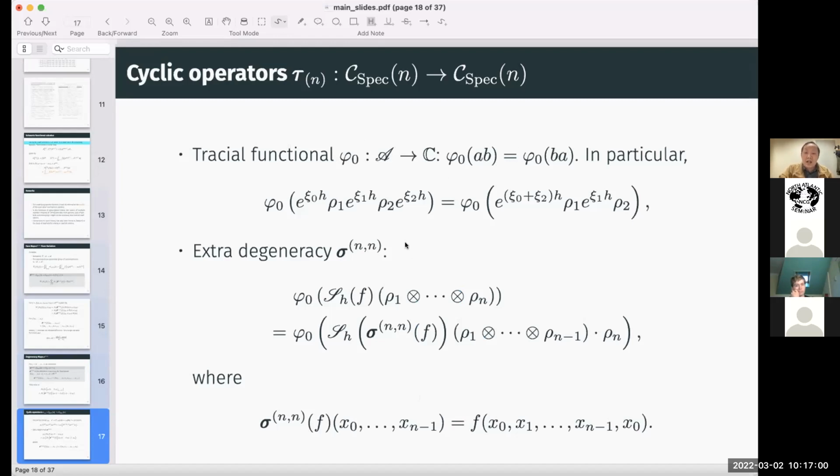The tracial functional allows somehow, so you take the multiplication like this, right? It allows to move this to some factor in the very front. Now with this tracial integration of phi 0, look at what's inside. Without phi 0 there is not much to be done, right? You cannot do anything.